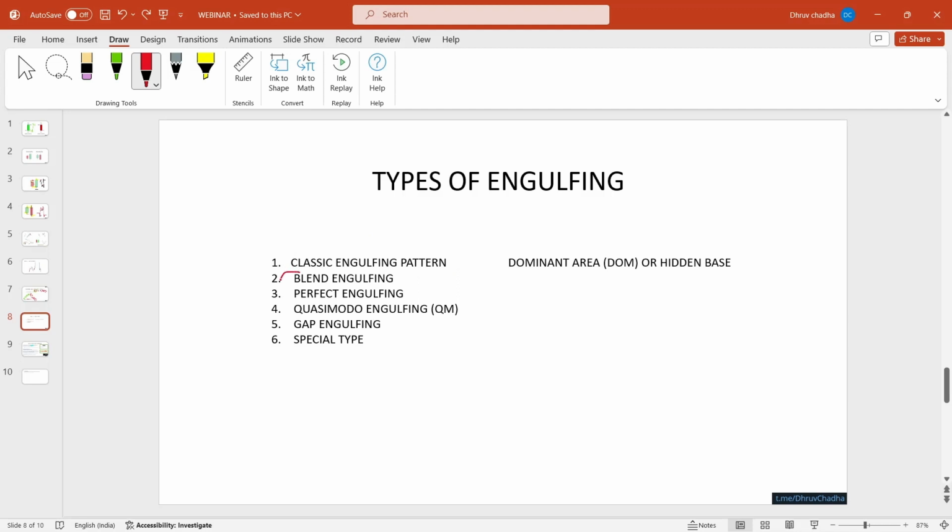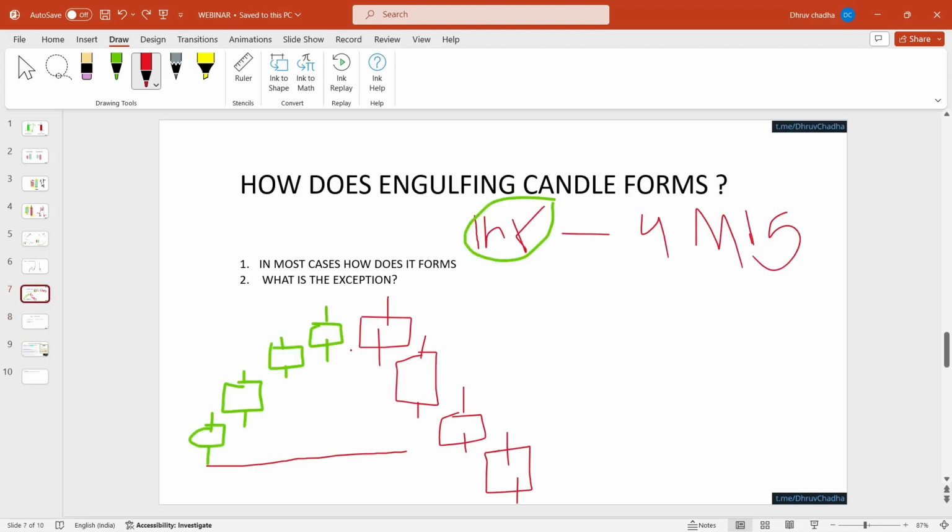So now let's go into the second engulfing pattern, which is called blend engulfing. So this is an example of blend engulfing.